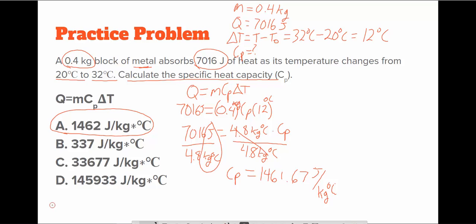So again, as with every problem, the first thing you need to do is identify what you know. I don't think the math is too hard, but if you can't identify which equation, you're going to be stuck.